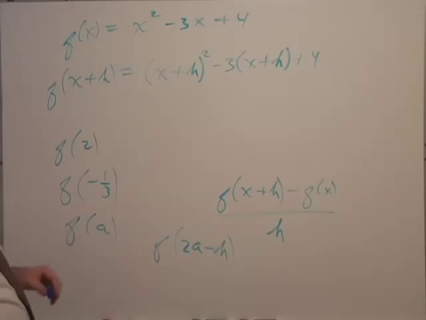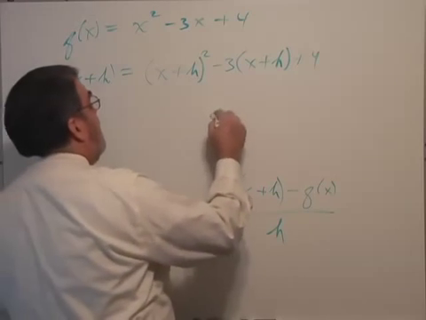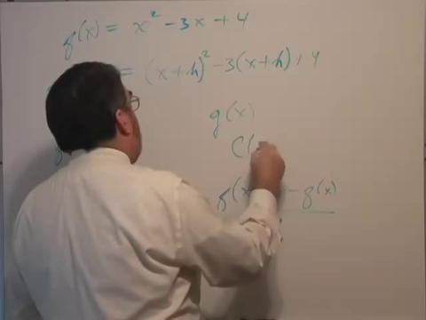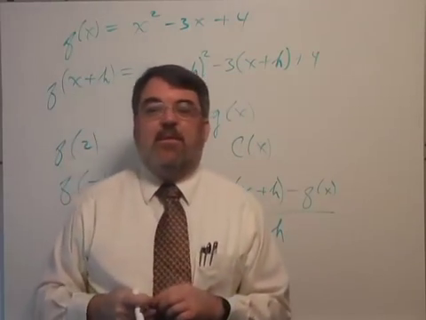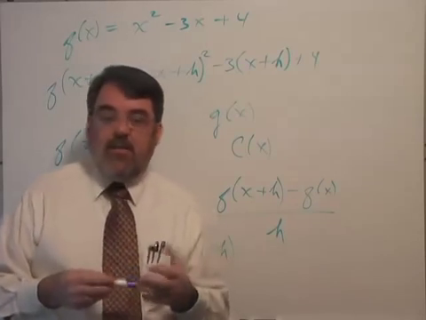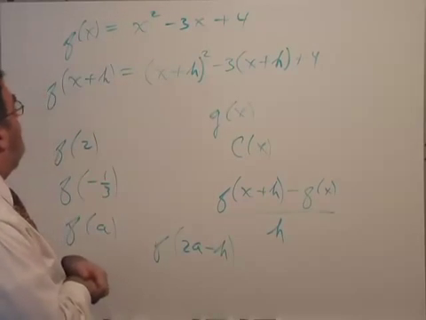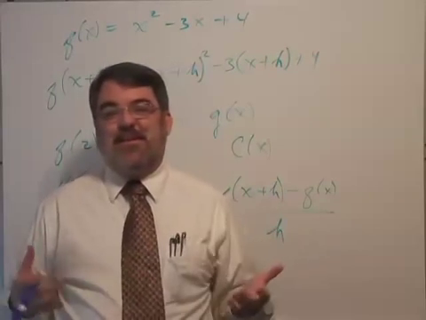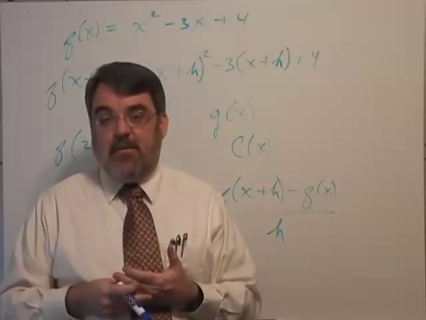And we can change our letter. We can have functions that use different letters, like g of x, or here's one I use in finite math a lot: capital C of x represents cost based upon the input value of x. So by and large, the letter in front of the parentheses is the name of the function.